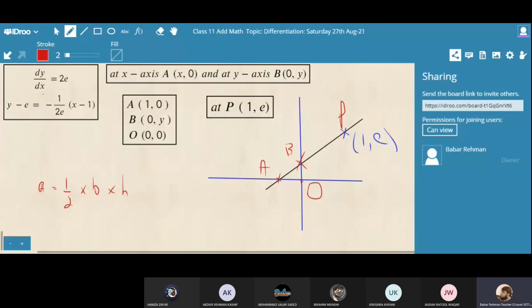Hamza Zafar, I have seen your picture in the chat box, but you have not shown how to find the coordinates of A and B. Kindly show me that working. Salar, you also please, and Ibrahim Munshi, please send your working in the chat box.